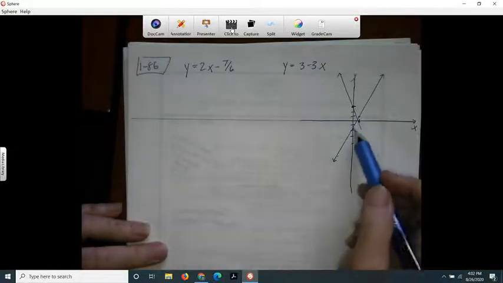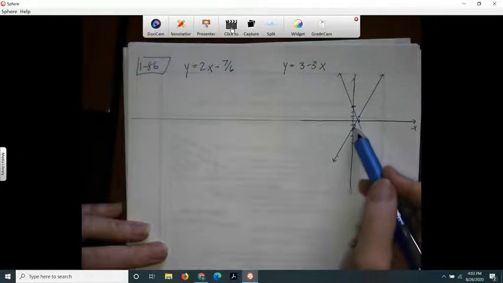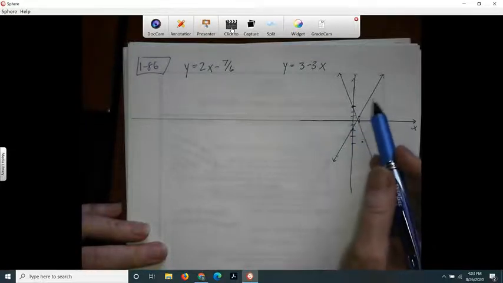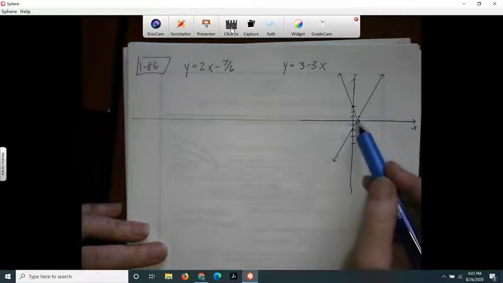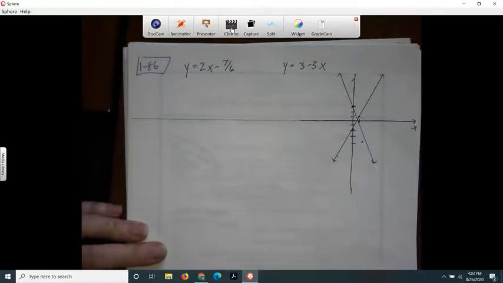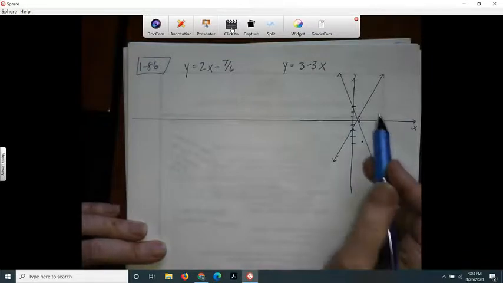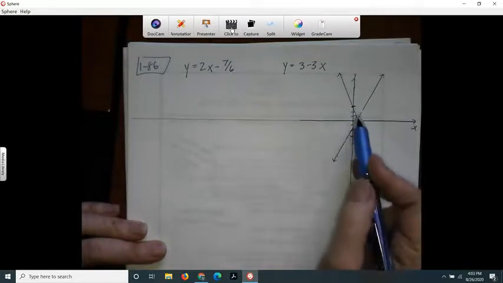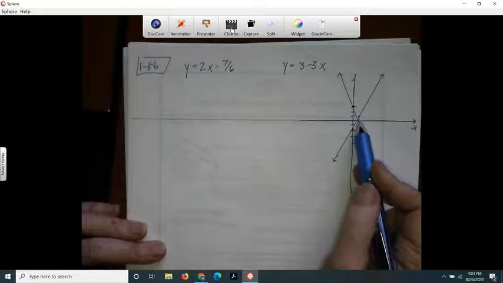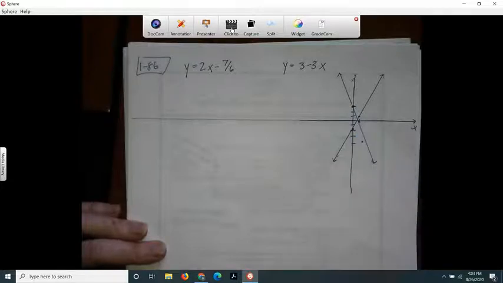So my sketch is pretty rough, but it crosses the y-axis right here, and then it goes up 2 over 1. So I just gave it a positive slope just to get a guesstimate so I can check my algebra. If you used Desmos, you know that you can just use the trace function, and it probably just pops up an ordered pair for you. But here's how you use algebra.